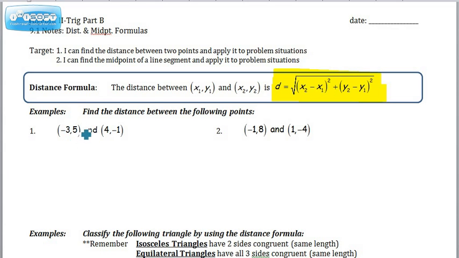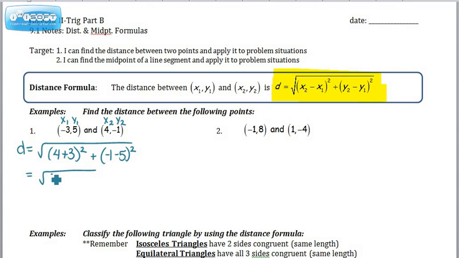If I make (-3, 5) our first ordered pair, and (4, -1) our second ordered pair, it would then follow that I could plug those values into the distance formula by doing 4 minus -3, which actually makes it addition, squared, plus the -1 minus 5 squared.